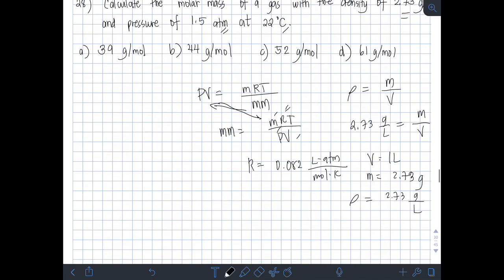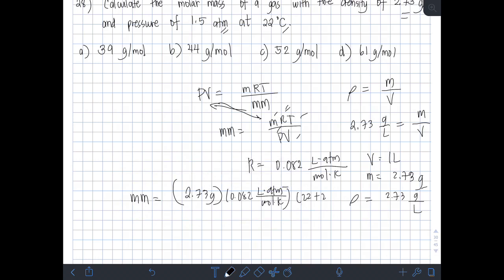Okay? So, substitute na lang natin. Molar mass is equal to m is 2.73 grams times R, 0.082 liter atm over mole Kelvin, times temperature is 22. Gawin nating Kelvin, so mag-add tayo ng 273.